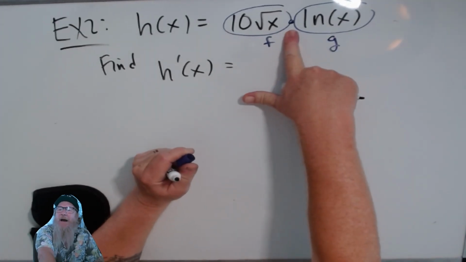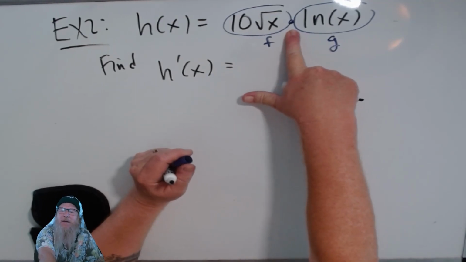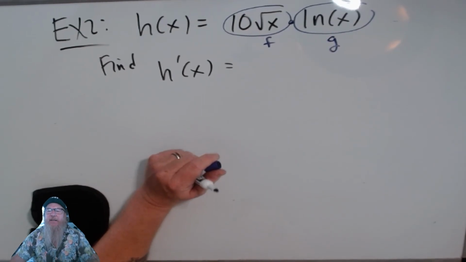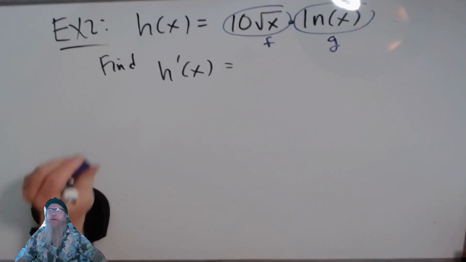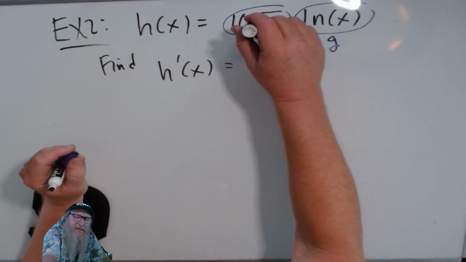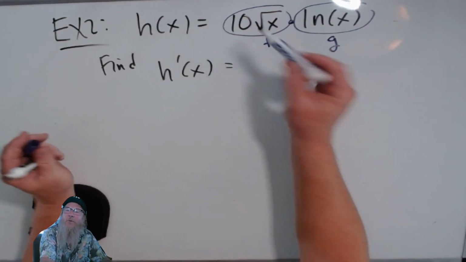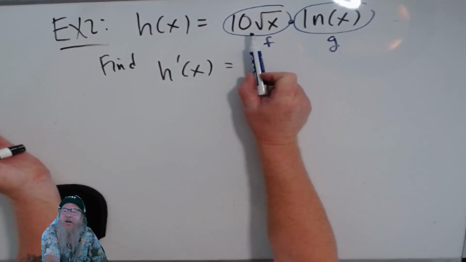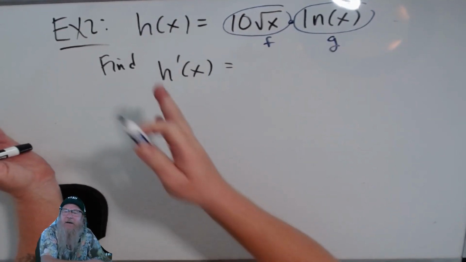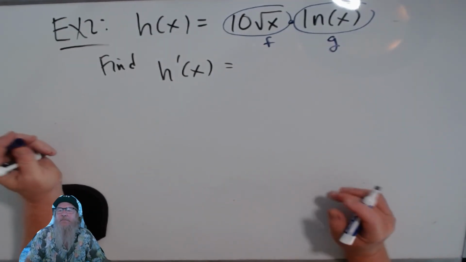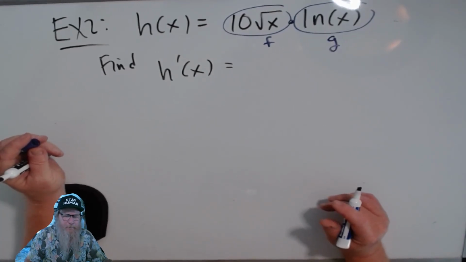Sometimes we do not write that dot. You've seen me omit it many times in the past. If the dot is omitted, then it is implied that the two functions are being multiplied. I guess you could put a second dot here between the 10 and the square root. The reason why I'm not doing that is because 10 is a constant, and it's going to come out of the derivative anyway. So I just ignore that for now.